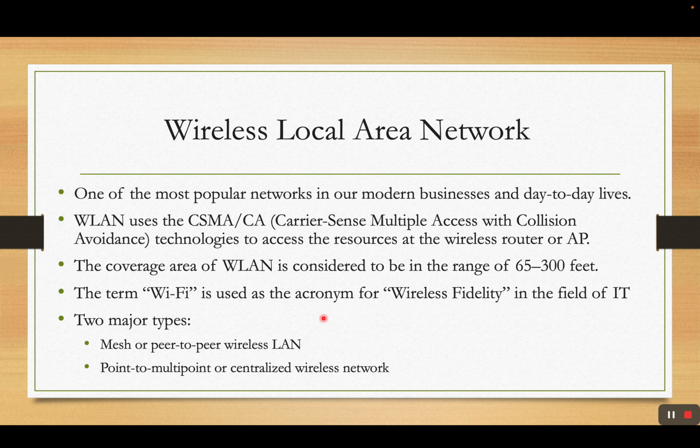Now, the two major types here: we have the mesh or peer-to-peer wireless LAN. In this type, you have multiple nodes connected with each other as peer devices in a point-to-point fashion of connection. So this means that there's no access point. In the second one, we have the multiple point, or centralized wireless network.